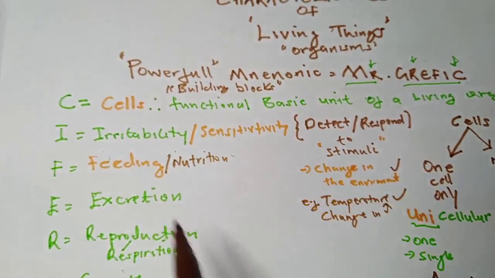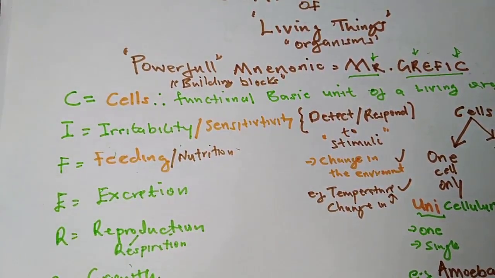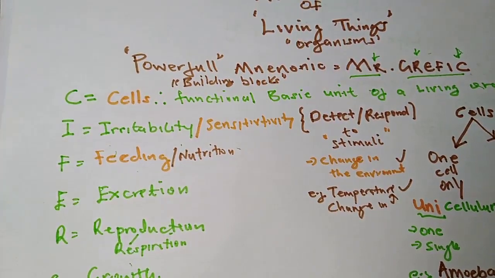I'm sure we already know what feeding is: the process of obtaining nutrients, or simply, eating. Anything that is living has a way that it acquires nutrients. As human beings, we eat different types of food, so we call that feeding or nutrition.